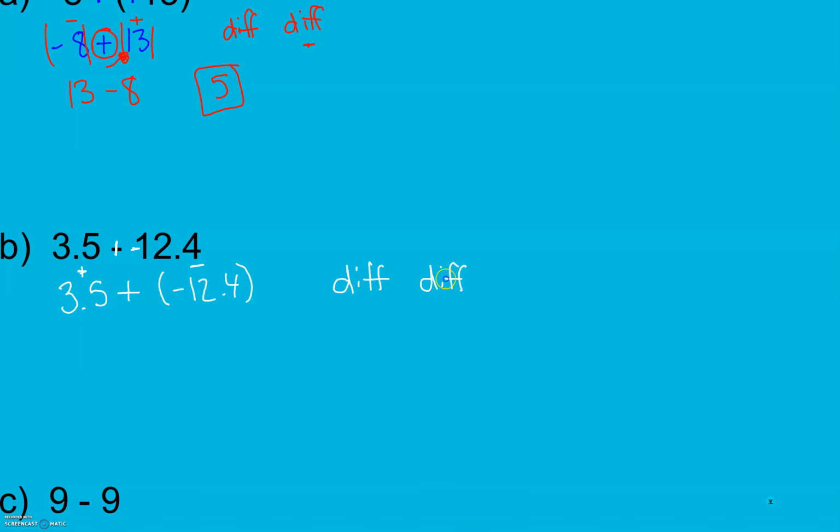So I find the difference and subtract. Again, it's just our number part. So 3.5, and the absolute value of -12.4 is 12.4. Now I subtract because my signs are different, and I get 8.9. We look back and see that 12.4 was negative, so our answer is negative.